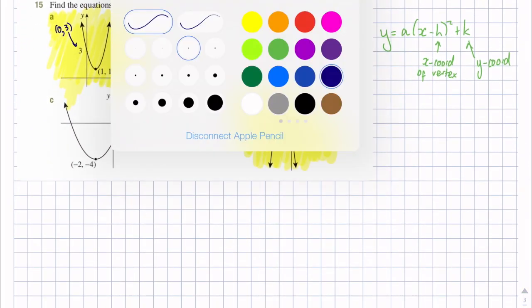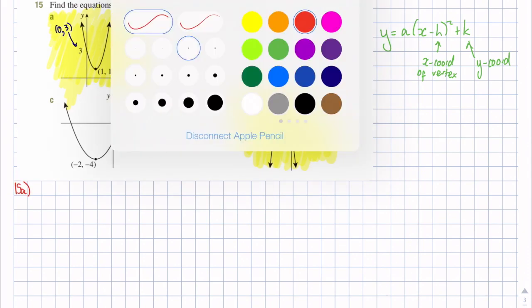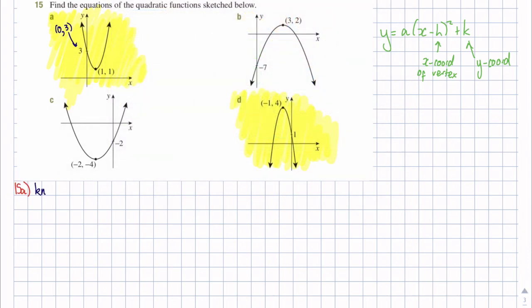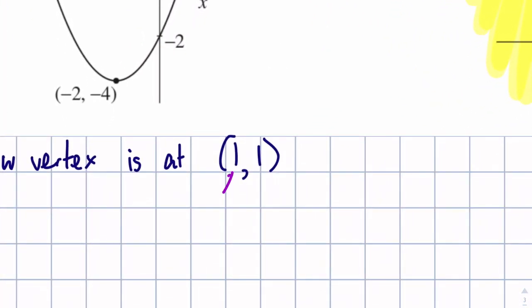So let's have a look at 15a. We know the vertex is at 1, 1, which means that's the x coordinate, which is h, and that's the y coordinate, which is k.